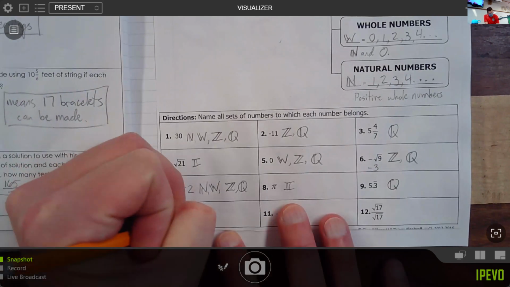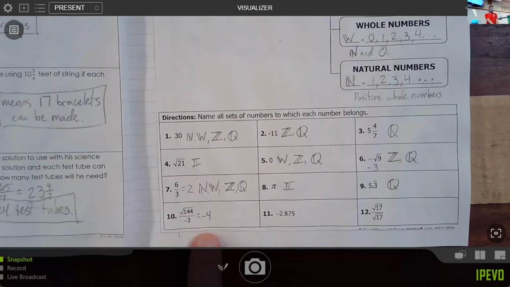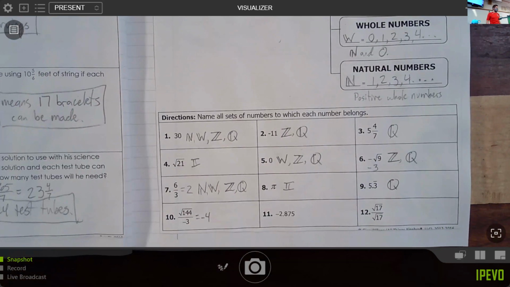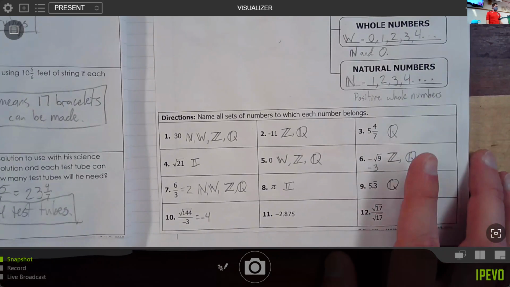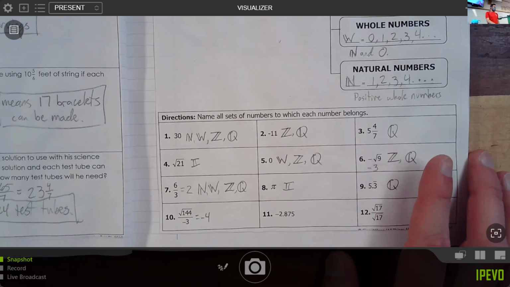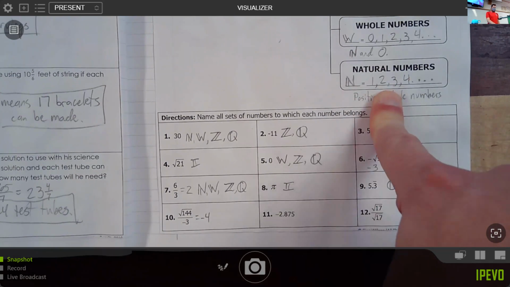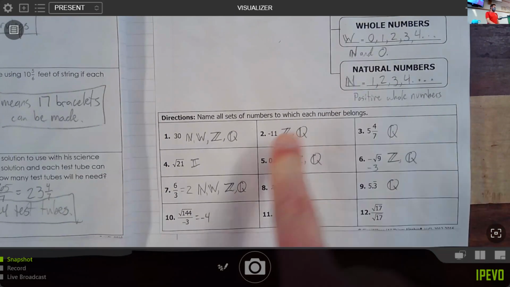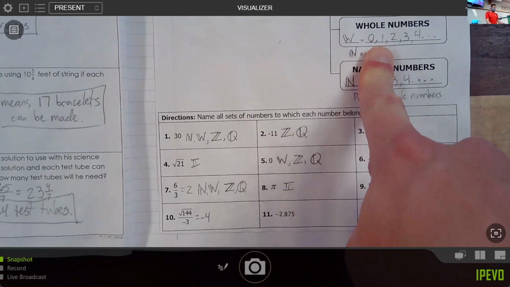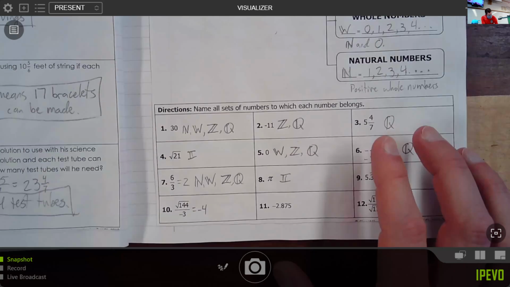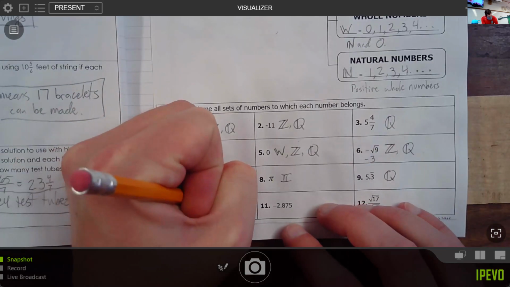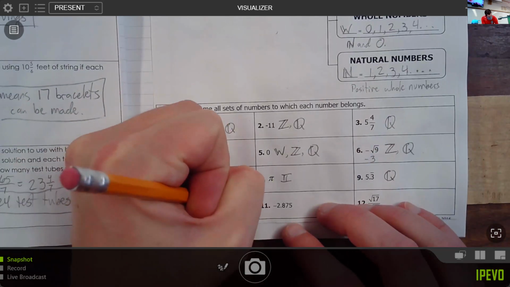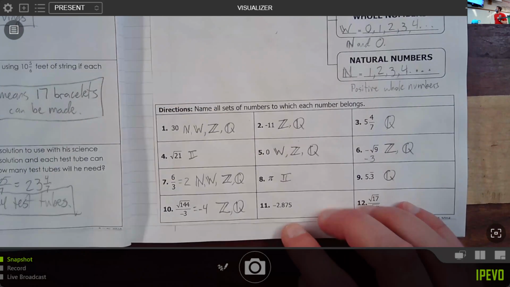So this complicated looking thing is actually equal to a negative whole number value. Where does that fit in terms of the categories? Is it a natural number? No, because it's negative. What about whole numbers? No again, because it's negative, right? Is it an integer? Yeah, it's a negative whole number. So we're going to use Z. And we're going to use Q because it is rational.